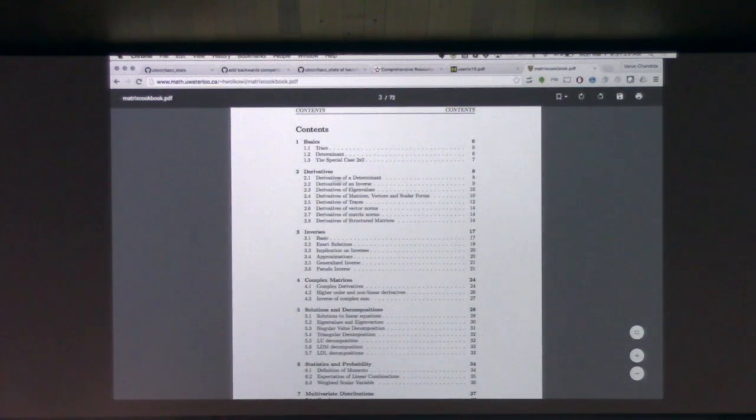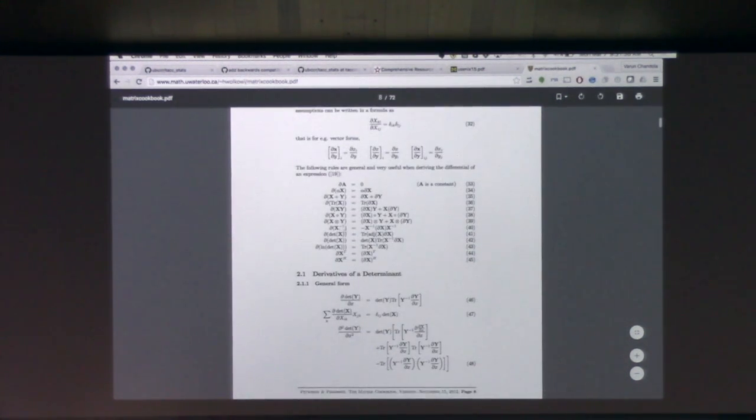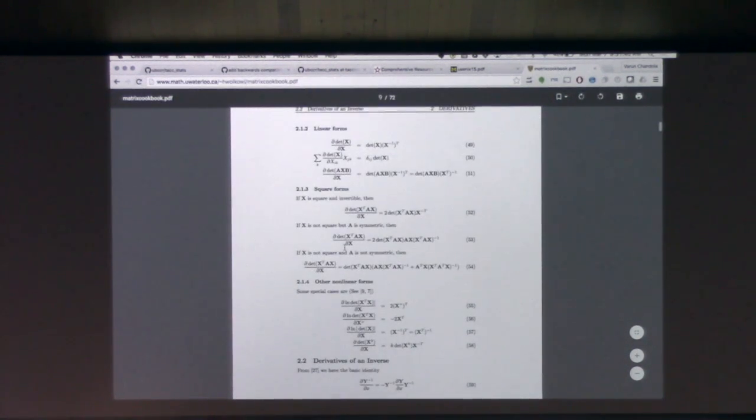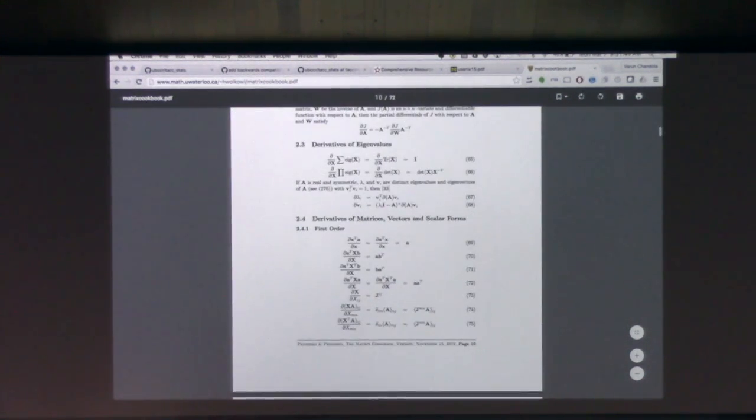If you need to compute derivatives of matrices, vectors, products of vectors and matrices, inverses, everything is here, with respect to a vector or a matrix.